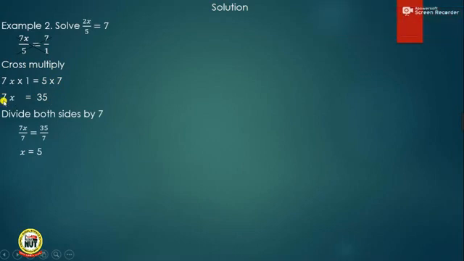Therefore, we divide both sides by 2. That becomes 2x all over 2 is equal to 35 all over 2. 2 will cancel 2 and then x is left alone. Therefore, it means that x is equal to 35 all over 2 in this expression.